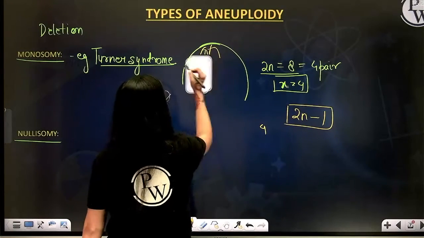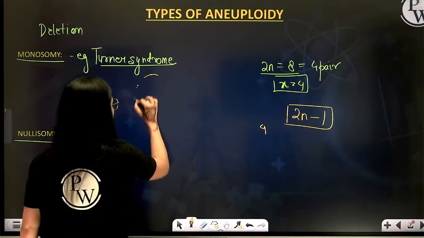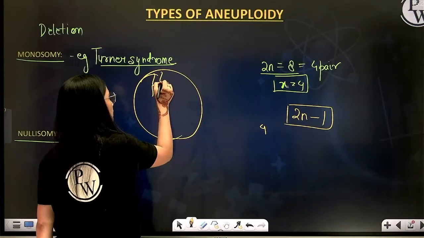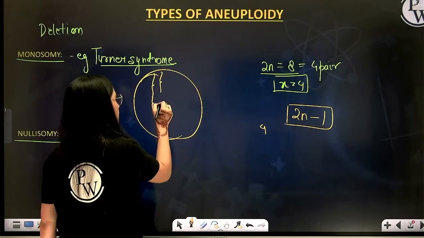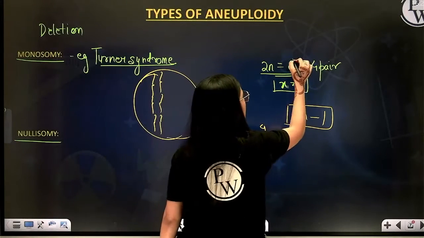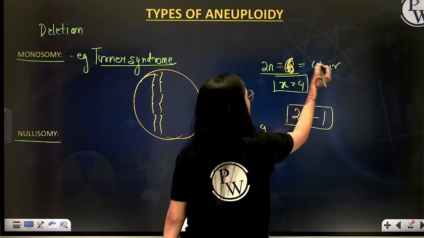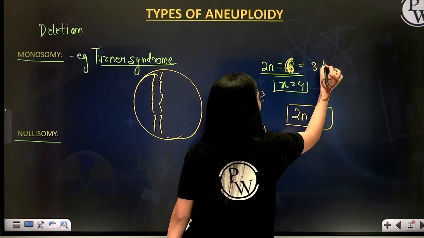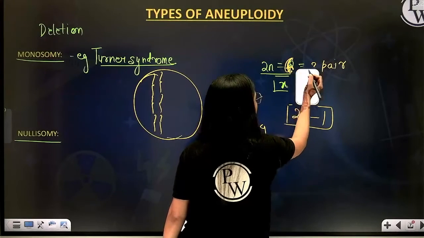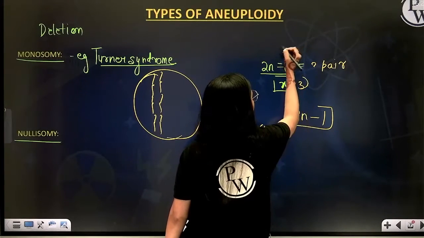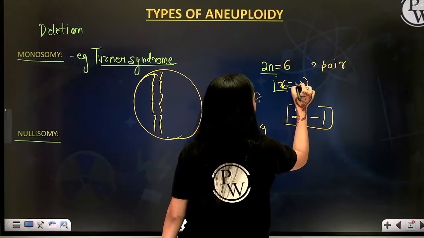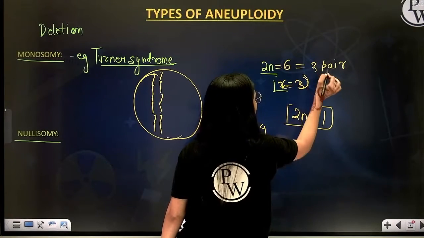So what happens in case of monosomy? Let's just keep it as 6 only. 6 means 3 pairs. It is easy for me to draw. So the basic set will become 3. Right?